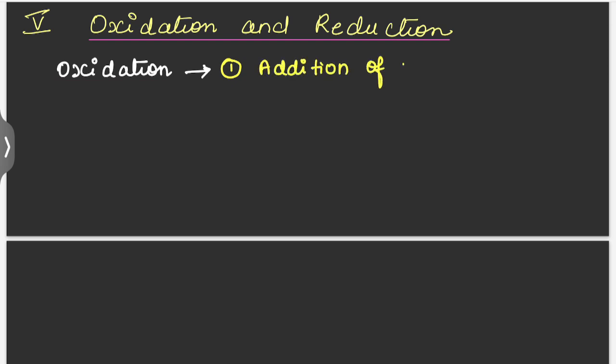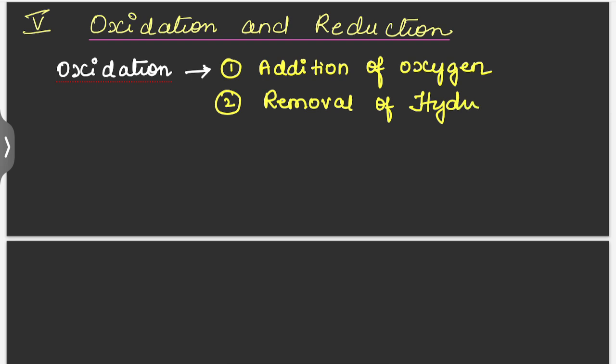Addition of oxygen is called oxidation. The second definition is removal of hydrogen. Removal of hydrogen is called oxidation. So you need to remember these two definitions, and we will see the second type, which is reduction.